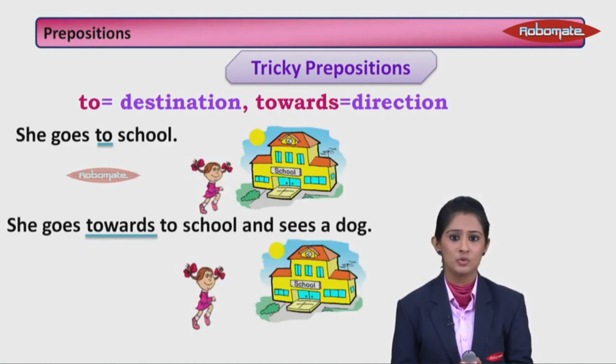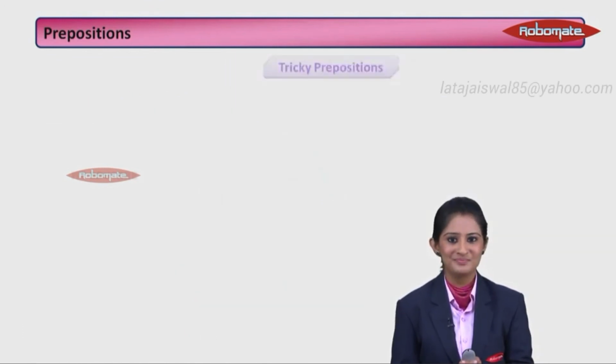We have the word towards and unfortunately or fortunately along the way she is able to see a dog. So students, in the second example, the school was not her destination. She just happened to go that side and she is able to see a dog.